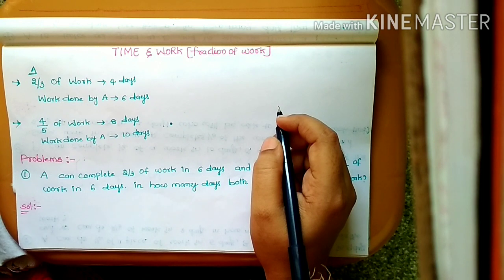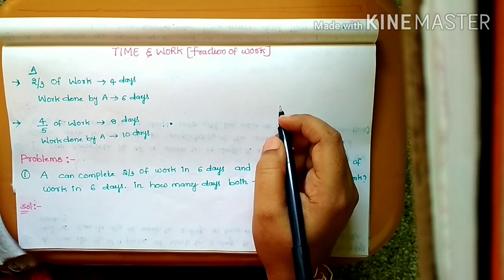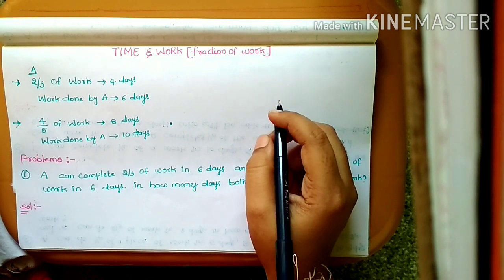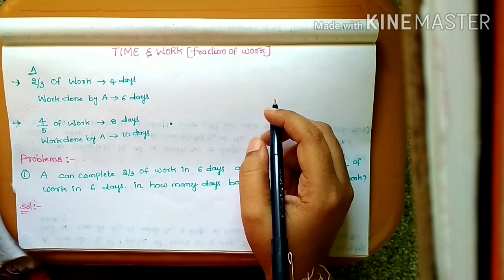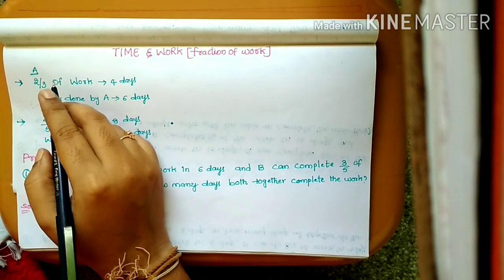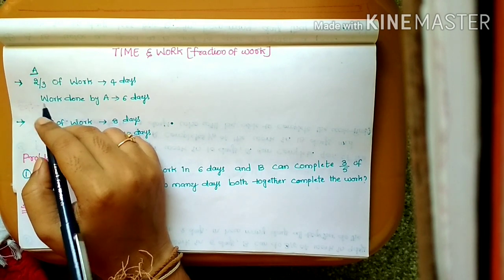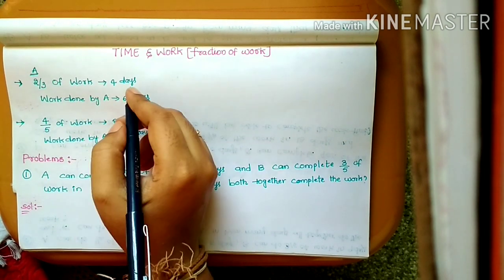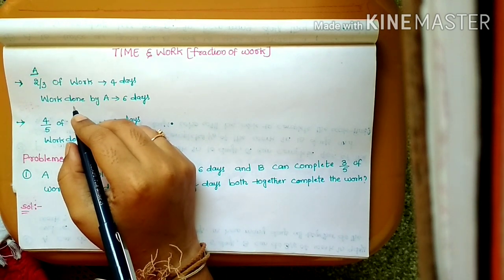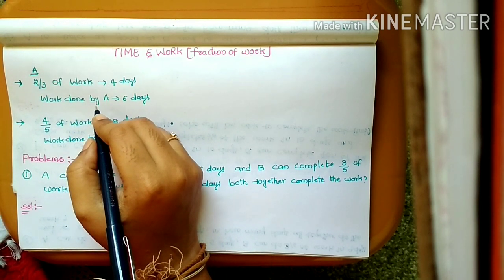Today I am going to discuss fraction of work in time and work. Coming to the subject, suppose 2/3 of work is completed in 4 days. In how many days is the total work completed by A?